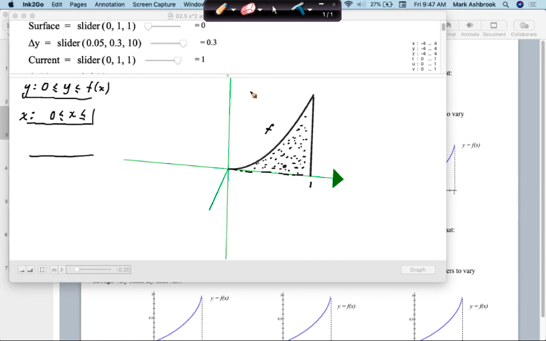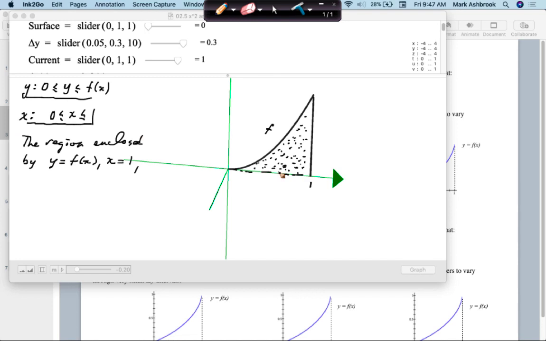So in a problem, you might be given something like this. The region enclosed by, so this is just y equals f of x, x equals 1. And what is this bottom boundary here?